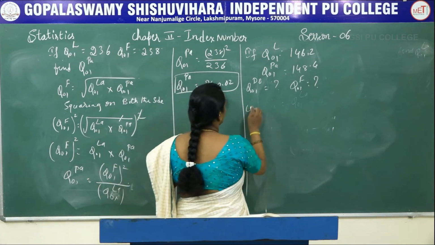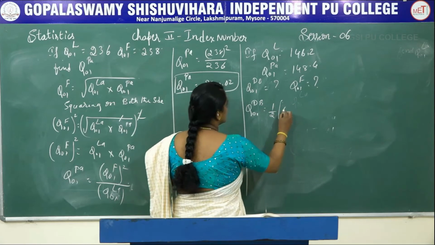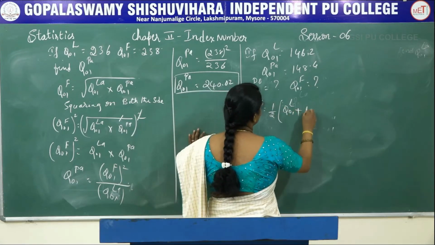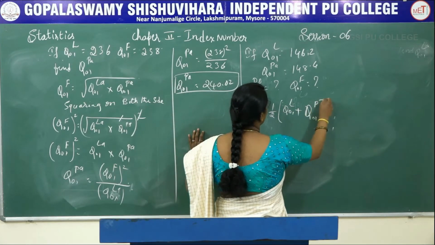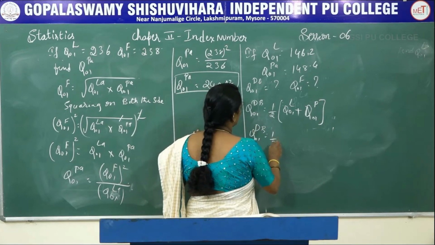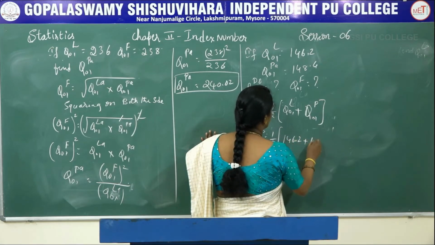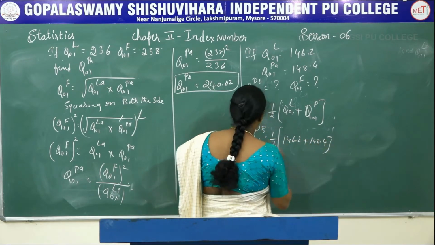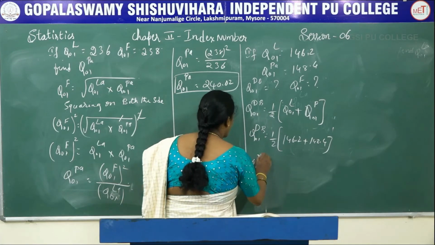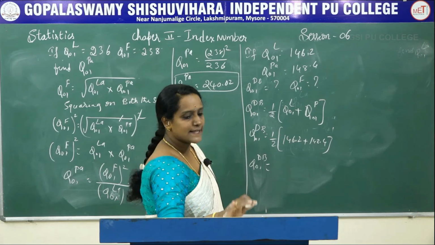As we know the formula, Drobisch-Bowley is half of Laspeyres plus Paasche's. So Q01 of dB is equal to 1 by 2 into 146.2 plus 148.4. So Q01 of dB is equal to 147.3.